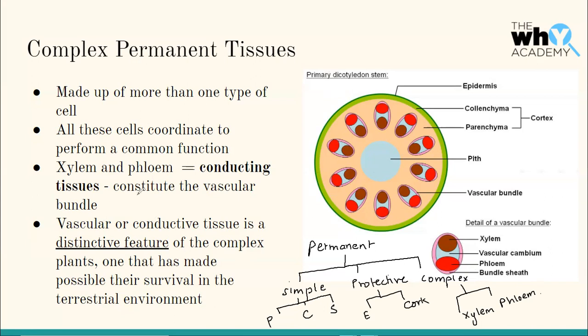So as the name suggests, complex is definitely made up of more than one type of cell, right? If you remember in yesterday's class, we said that simple permanent tissues have only one type of cell, right? So like that, complex will have more than one type of cell.